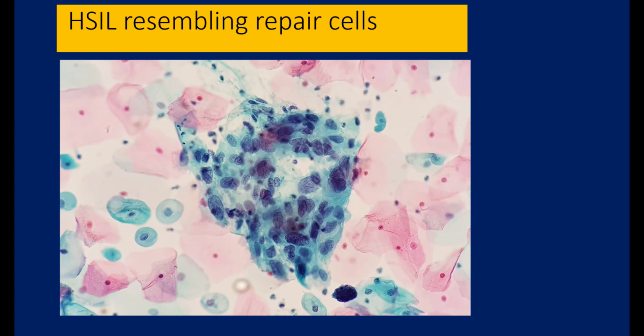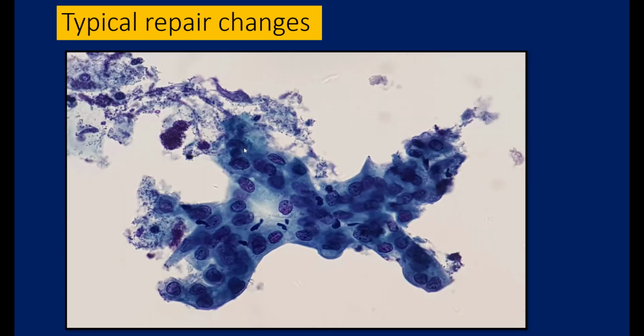Some might ask why this is not an atypical repair. Here there is a tremendous amount of nuclear overlap, lack of polarity, and the pleomorphism is a little bit too much, right? So I would call it an H cell. Some might disagree.